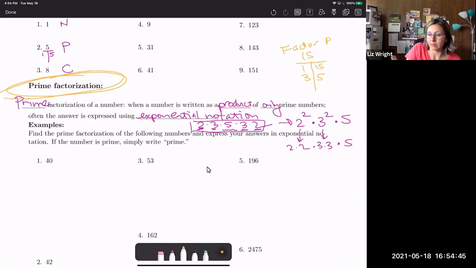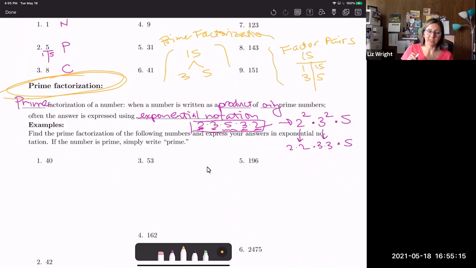Factor pairs. And if we were doing prime factorization, that's putting it only as a product of its prime numbers. So you would say, how can I break that down? Well, we would break it down into 3 and 5. And this would be its prime factorization. Here's its prime factorization. And this side is it written down as its factor pairs.